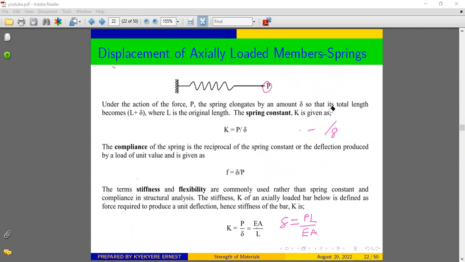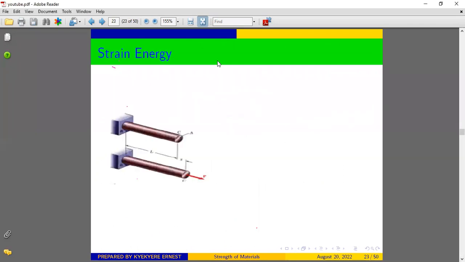From here, let us move to strain energy. When a uniform rod, for example, this uniform rod which we have, is subjected to a slowly increasing load, let's take it that we apply a load here, and then we start increasing the load.